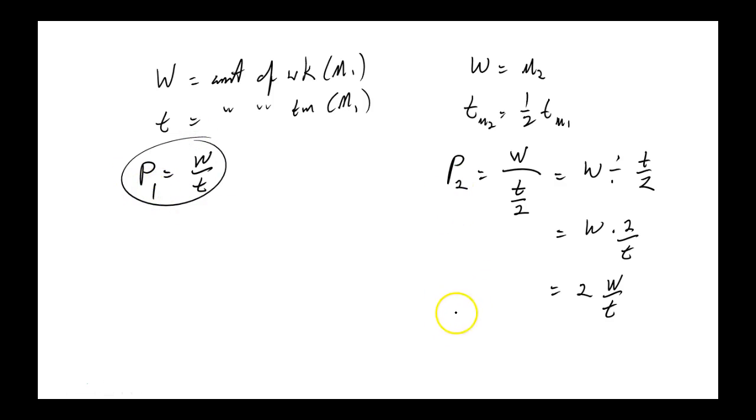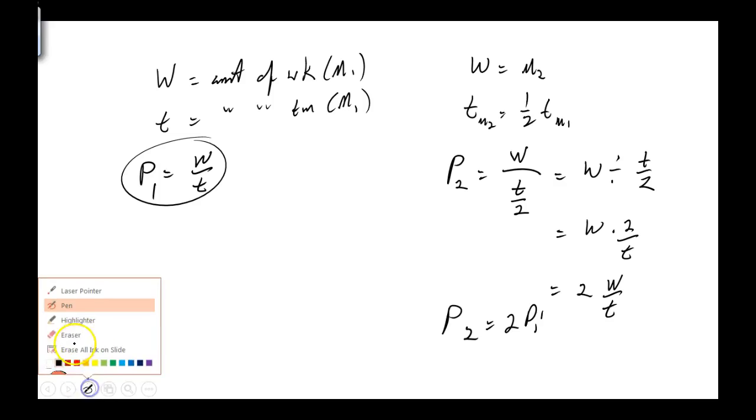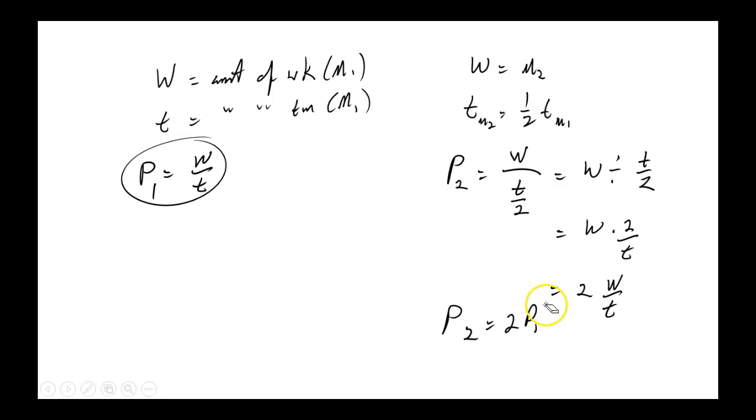Power of the second machine is twice the power of the first machine. I don't know what that other line is there. And that's exactly what you thought through. Twice the power if you spent half the time.